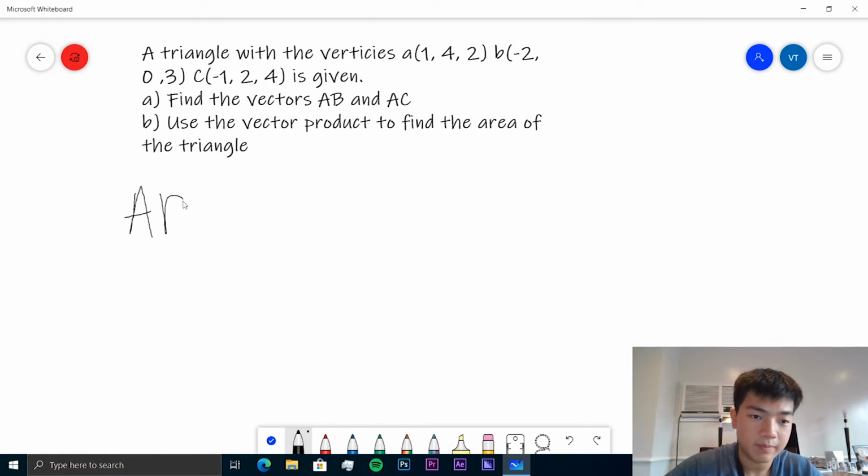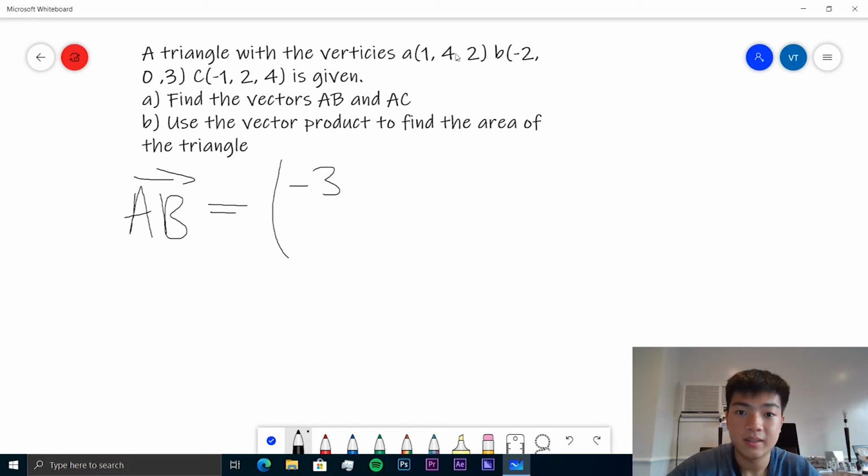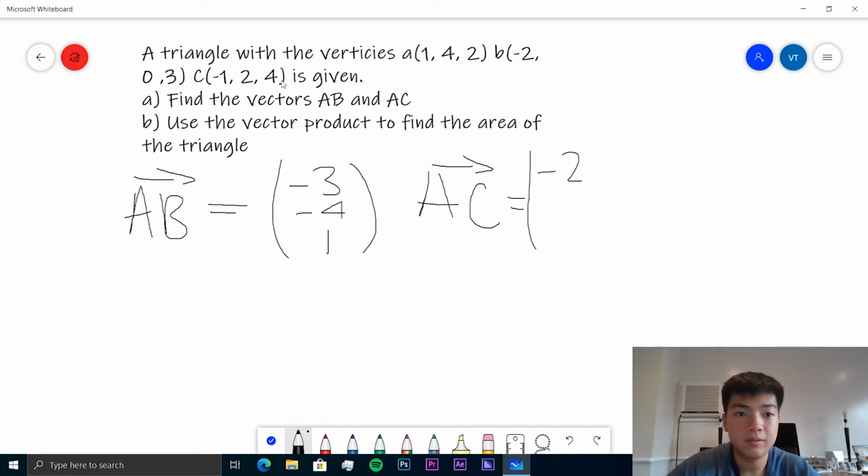So AB will be equal to, it's just simply B minus A, so negative 3, 0 minus 4, 3 minus 2, and then AC is equal to negative 2, negative 2, 2.